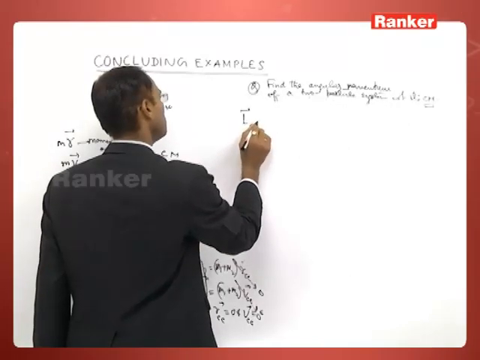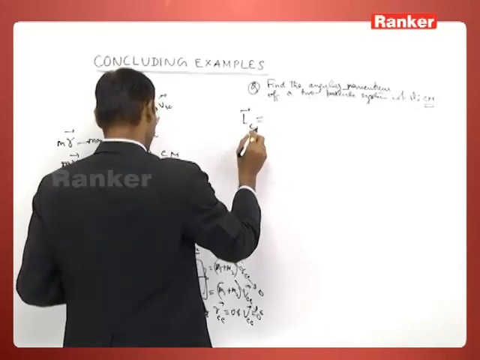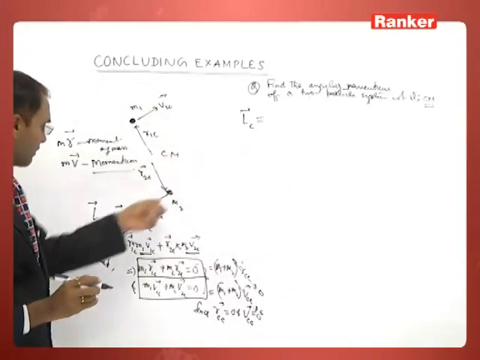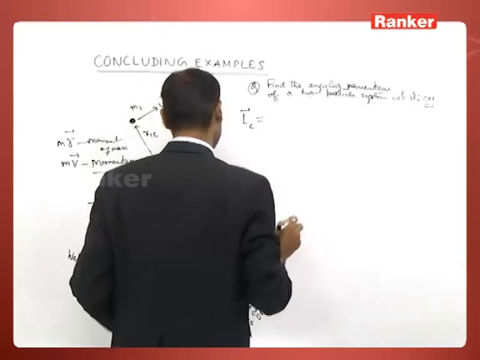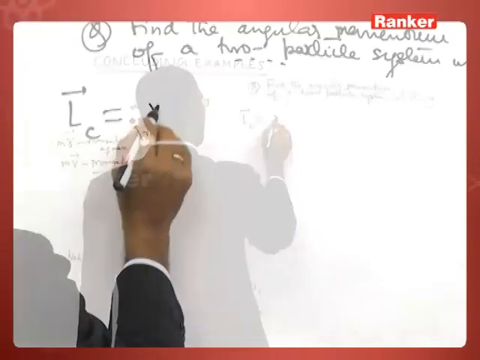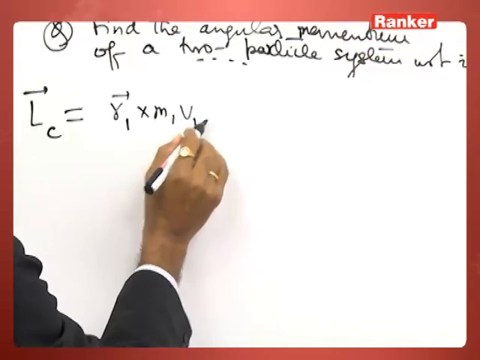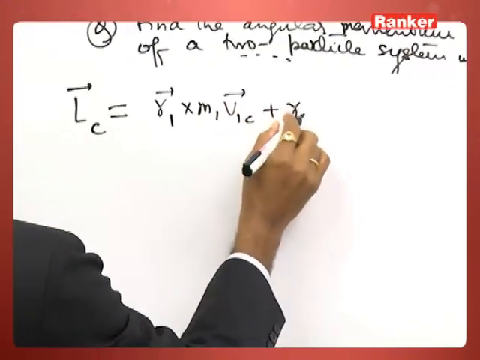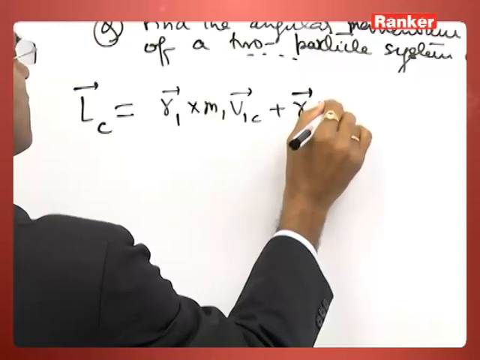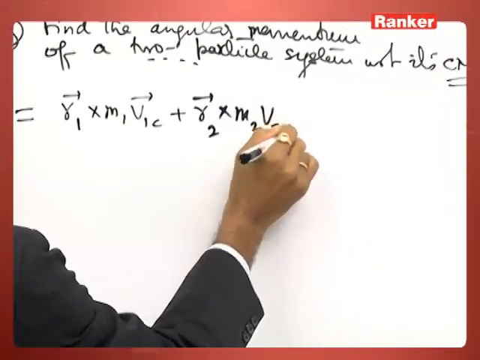LC is equal to, about the center of mass, the angular momentum of the system of two particles is equal to r1 cross m1 v1c plus r2 cross m2 v2c.